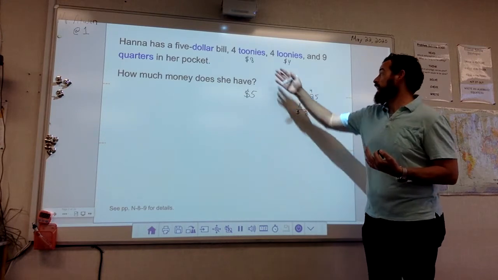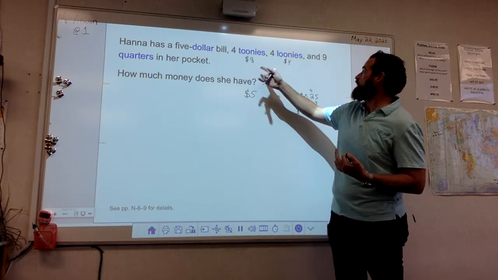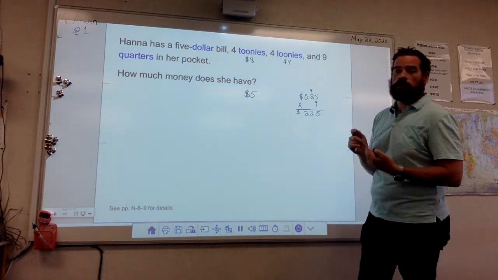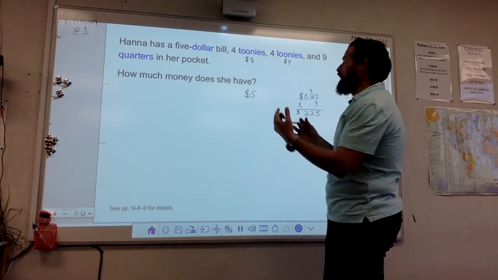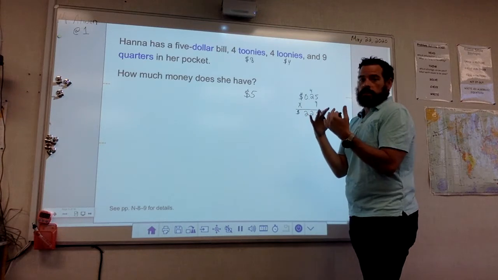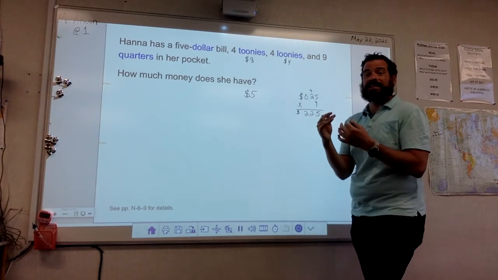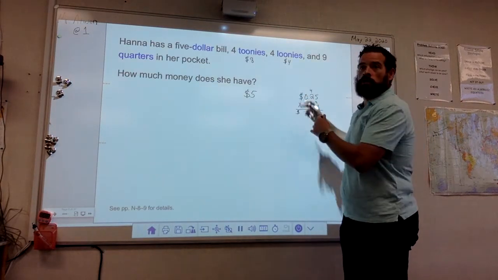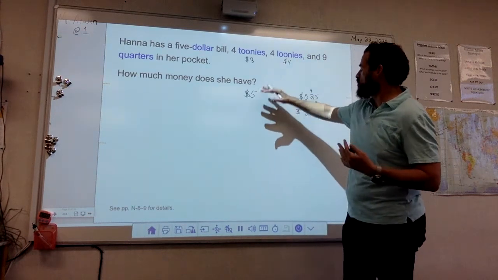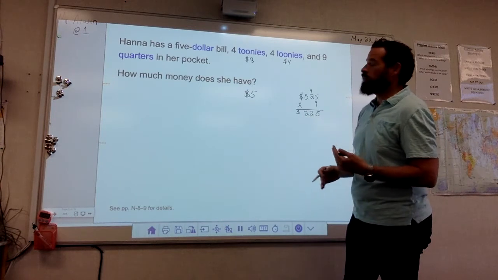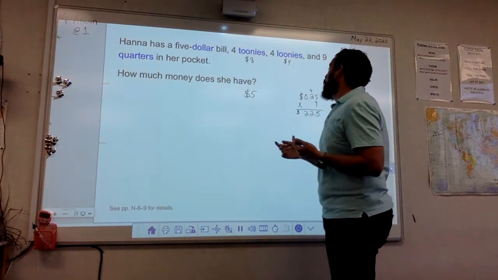Now, we need to add all these totals together. So we have $8, $4, $5, $2.25. And the only thing when adding this, and if you want to add all 4 numbers at the same time, fine. Some people find it easier to maybe add 2 and 2 so that the math is a little bit simpler. I'll just show you. I'm going to add all 4 of them together, but whatever you're comfortable with works.